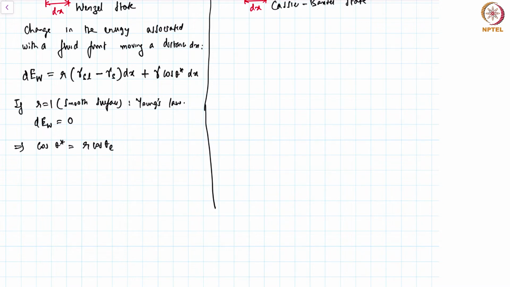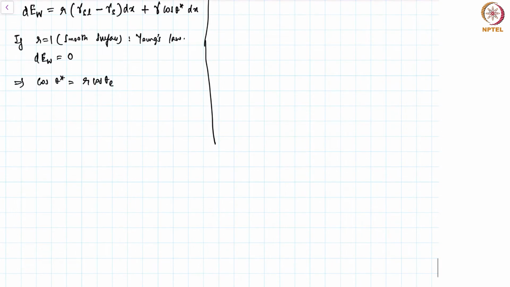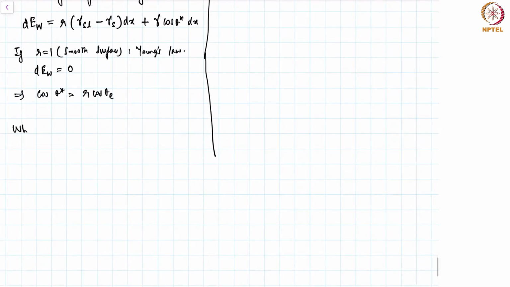Okay. Now, the next obvious question is, what happens at large R? When R is much larger than 1, the Wenzel state can break down.